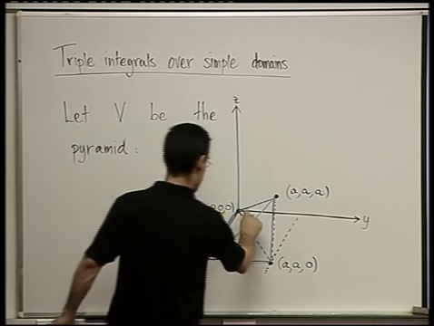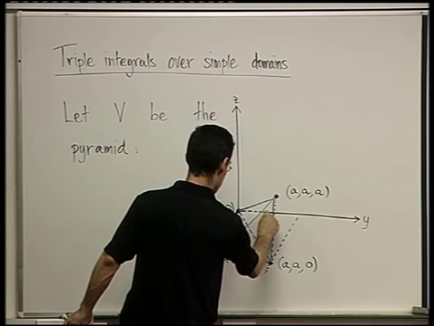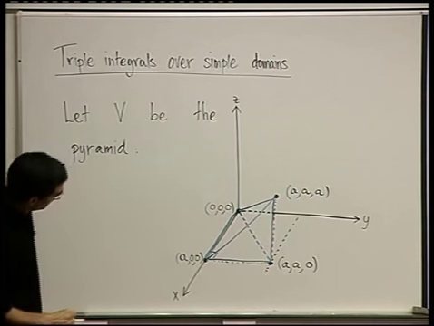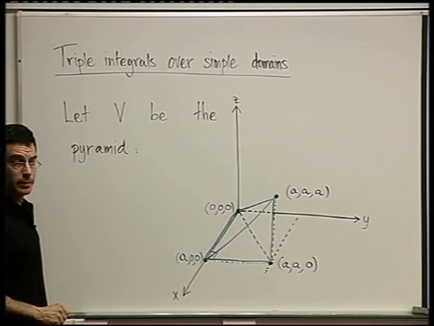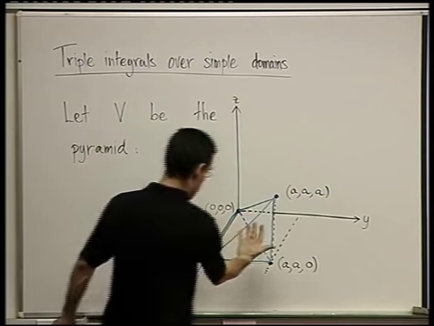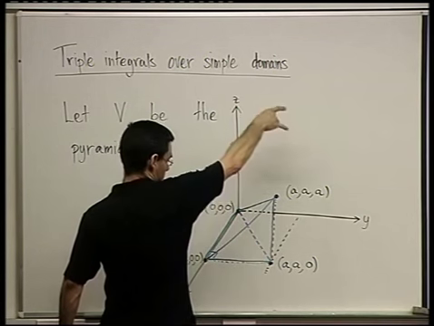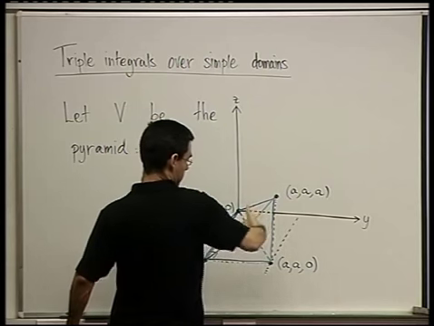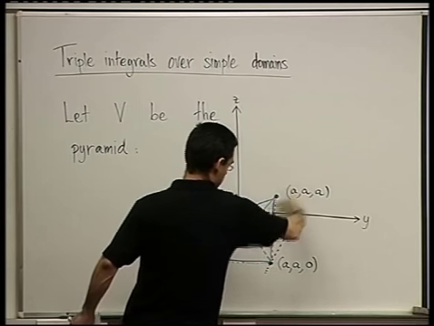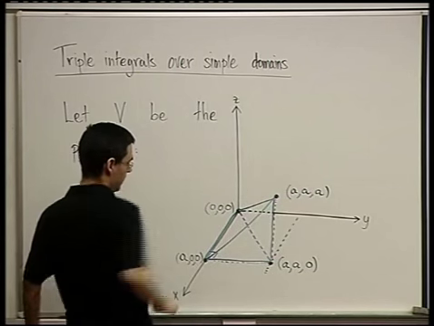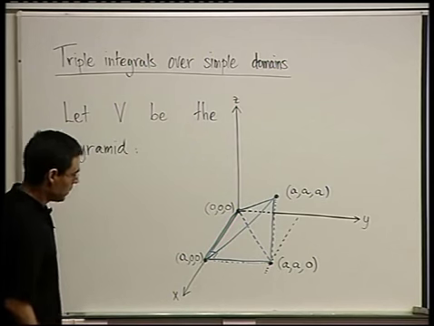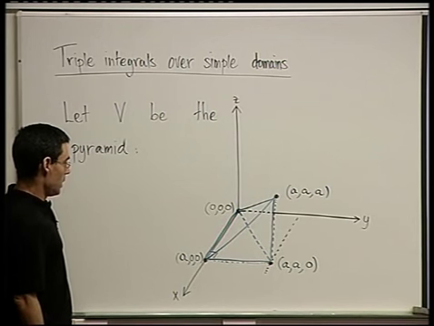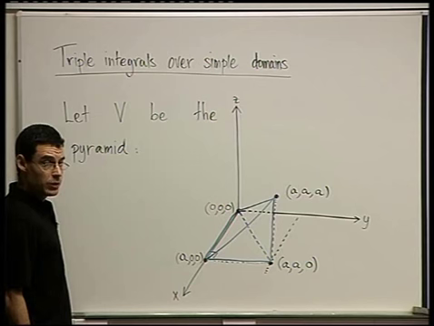And in fact, the y-axis here is in the back also. Is it clear what the pyramid is? Does everybody see it has 4 faces? 3 of them are going up. This one is facing us, this one is kind of in the rear, and this one is on the side. And there's the bottom, which I drew first. Is it clear what the domain V is?